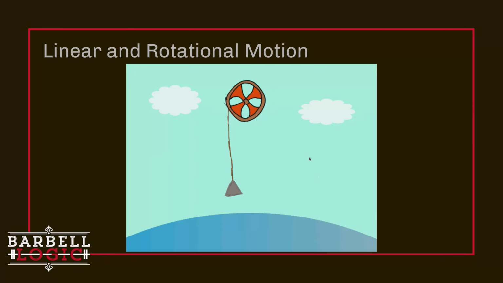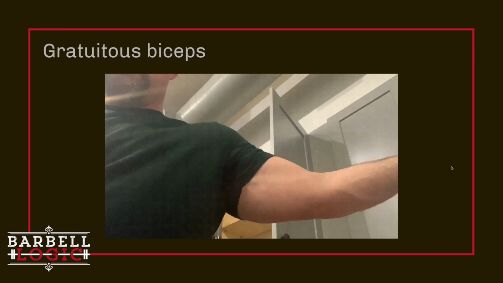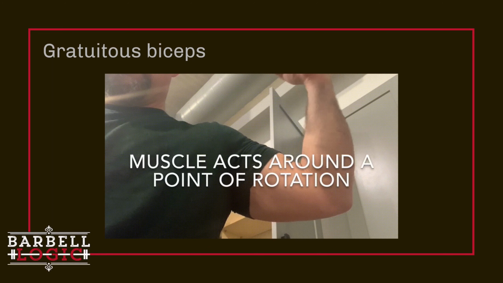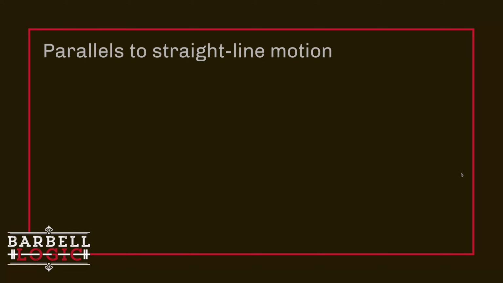We have linear and rotational motion. Muscle acts around a point of rotation. Muscles always do this, almost always do this. They are rotators. The parallels to straight line motion, just to review: moment equals the moment of inertia times angular acceleration. We have force equaling the mass times the linear acceleration.